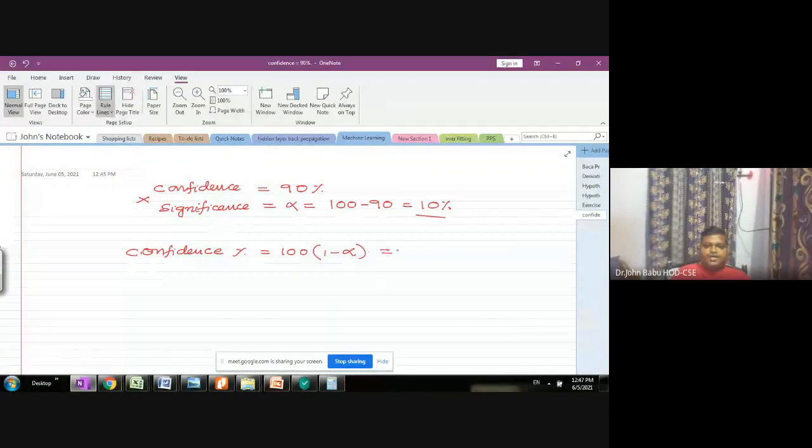Here alpha is 10%, which is 0.1 in fractional form. So 100 into 1 minus 0.1, that is equal to 90% confidence.